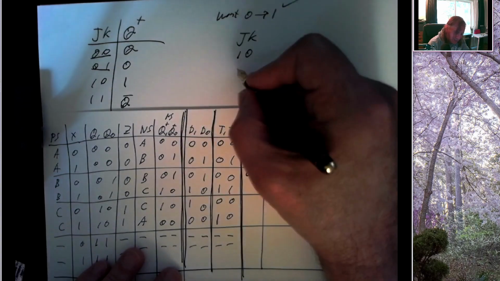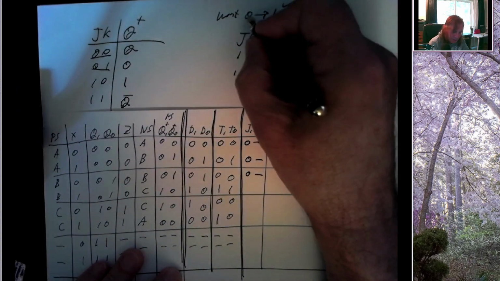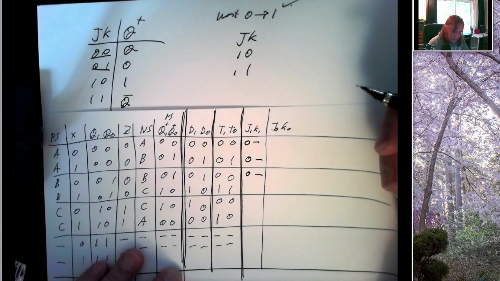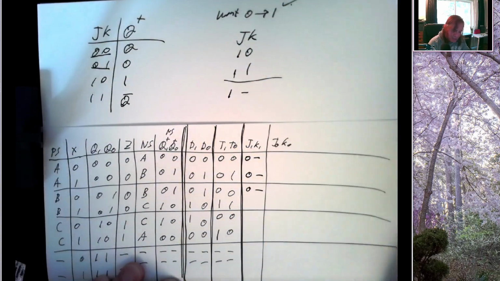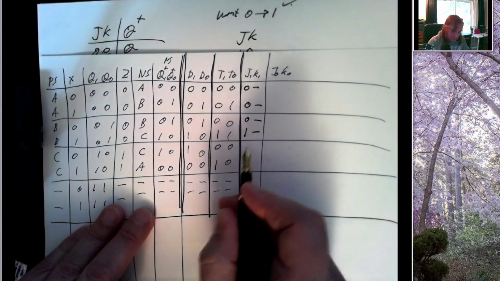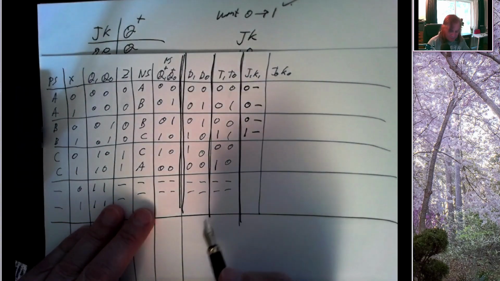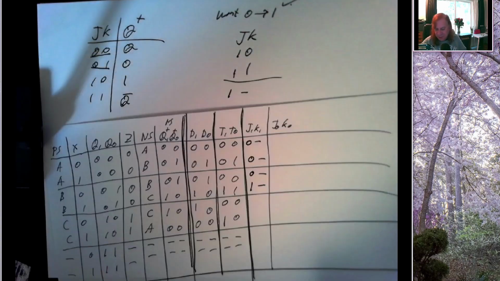But another way is to set JK to 1, 1, because that says toggle the output, which will change that 0 into a 1. So as long as J is a 1, it doesn't matter what the value of K is. So in this case, we can set J to 1 and K doesn't matter. All right, so that's where these don't cares are coming from.